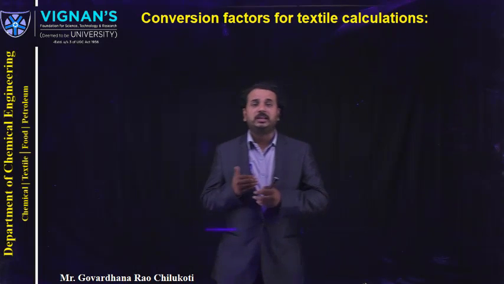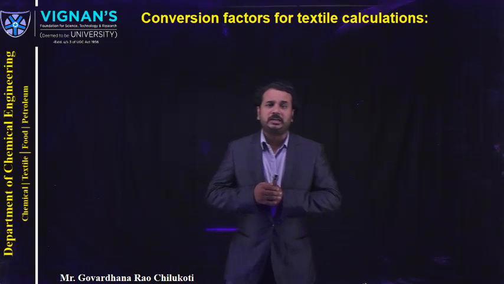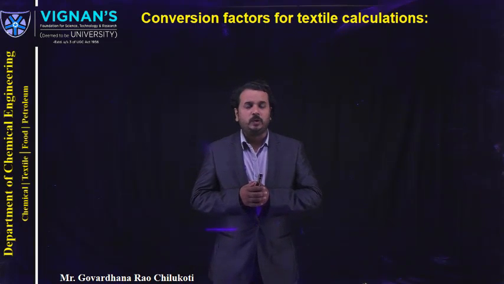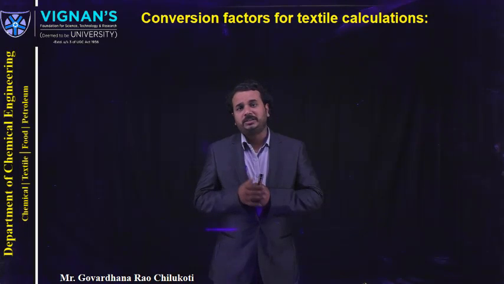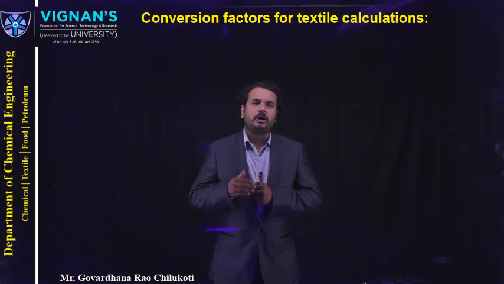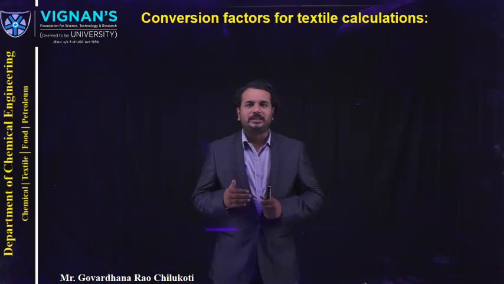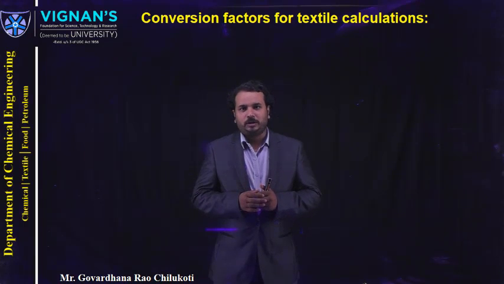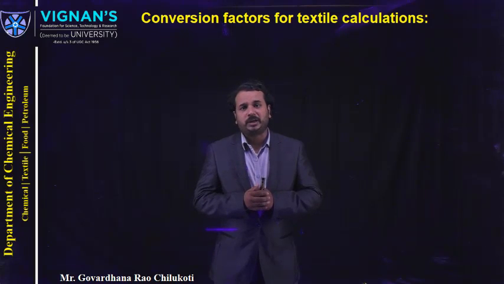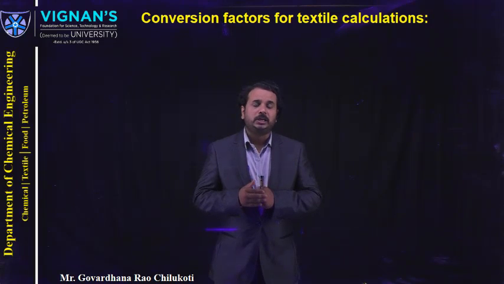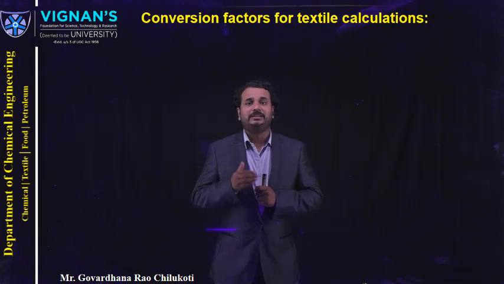By considering the count formulas, like yarn numbering systems, we have direct numbering systems and indirect numbering systems. You have already studied what the yarn numbering systems are. We have two different types: one is called the direct numbering system, and the second is called the indirect numbering system.